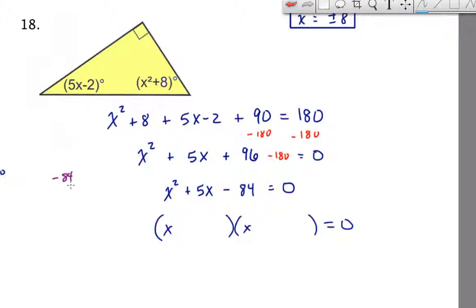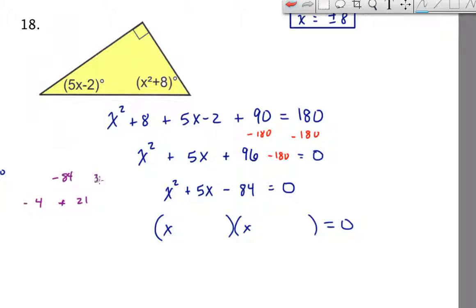Somebody can think of some, see, 4 and 21, right? 4 and 21 multiply to give us, wait, that doesn't work, right? That combination didn't work. Can somebody come up with some other factors?